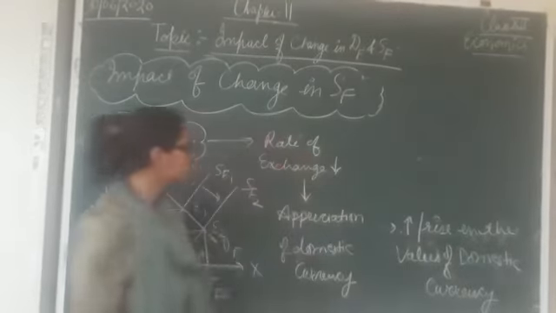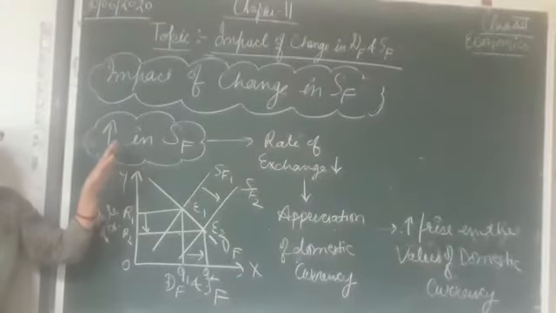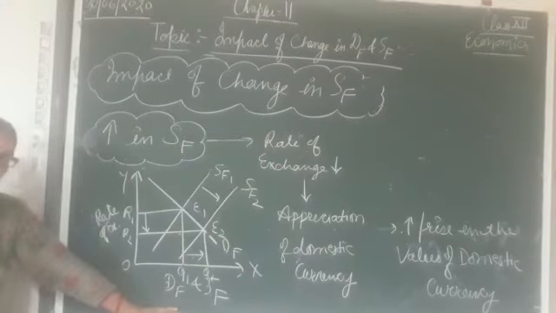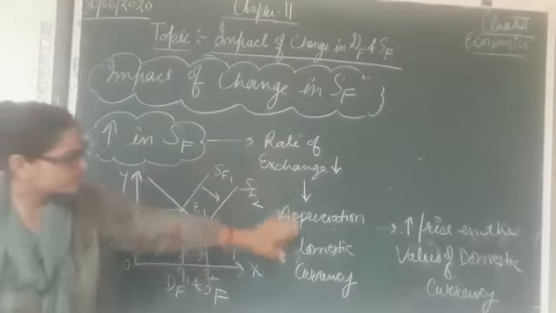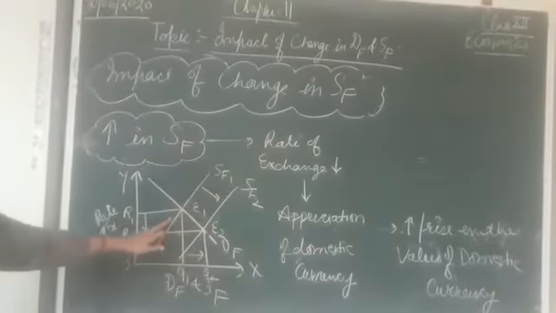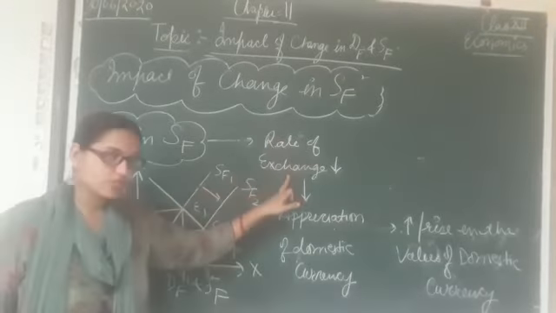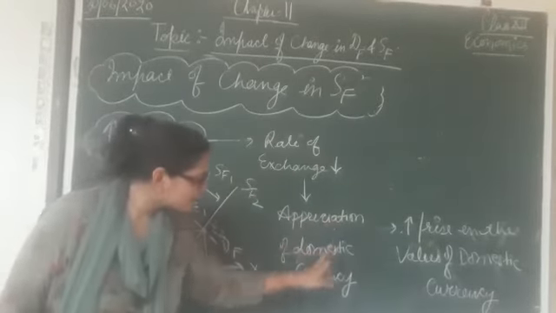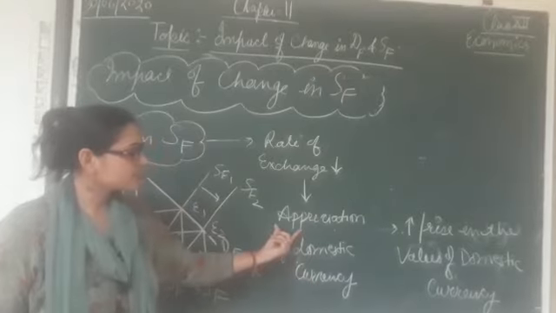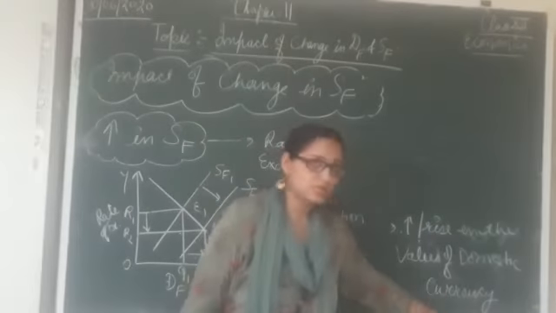So this is how the change in supply, if it is increased, affects the rate of exchange and the domestic currency. If the supply increases, then the rate decreases, and if the rate of exchange decreases, it leads to appreciation of domestic currency, and appreciation means rise in the value of domestic currency.